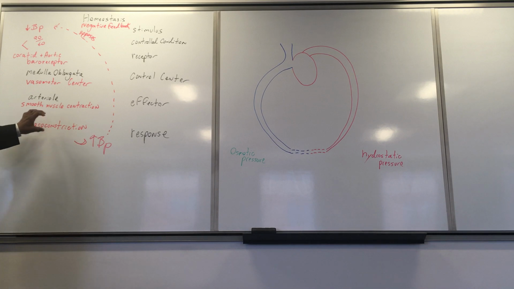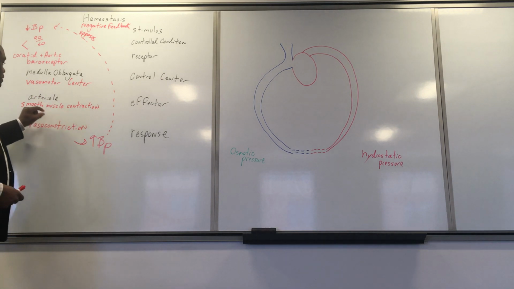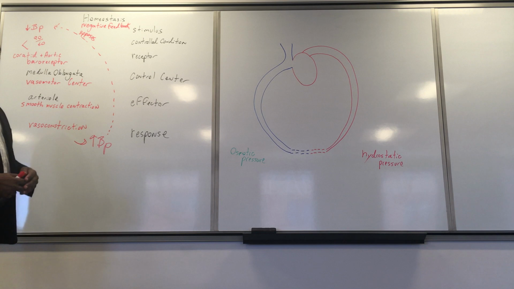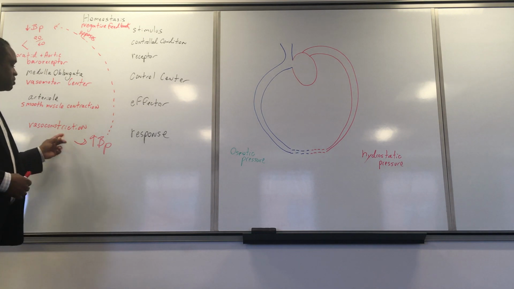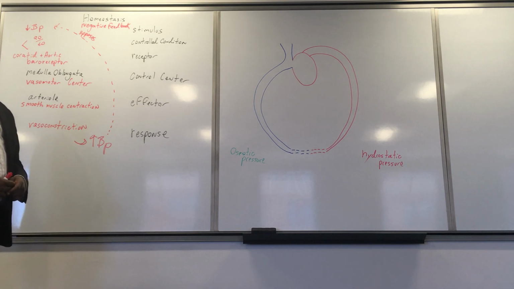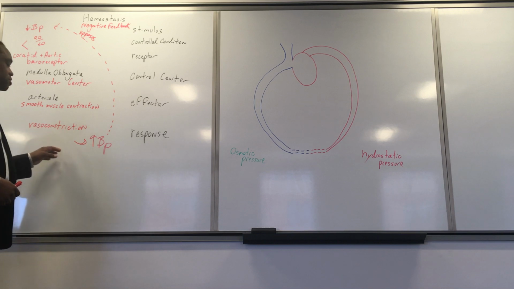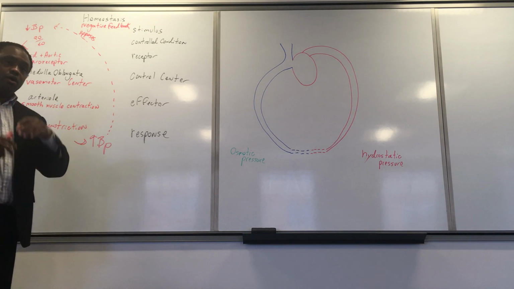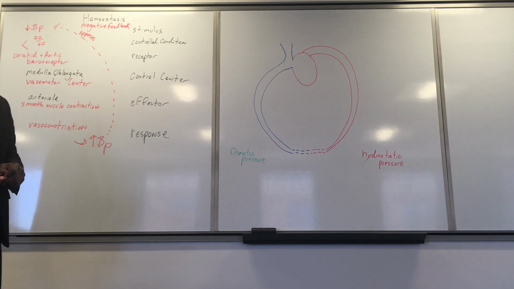Okay, so this is a good look at how arterioles can change blood pressure: with vasoconstriction, they'll increase blood pressure, or with vasodilation, which would decrease blood pressure. All right, so that brings home what we looked at in the last video.